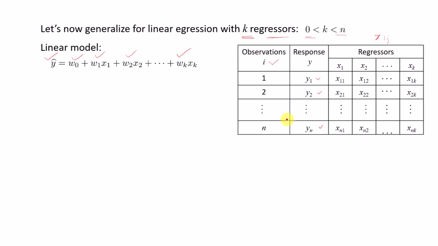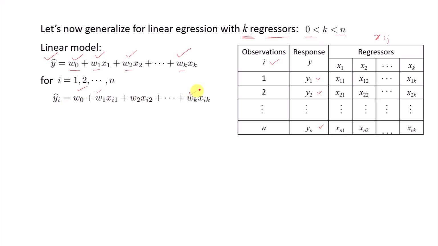So this is my total data set in this table, and we have to see how, using this data set, we can find out some expression w0, w1, w2, etc. up to wk. Now for i equals 1 to n, I can write that this yi or y hat i will be equal to w0 plus w1 xi1, w2 xi2, with this i coming from the experiment, and 1, 2, etc. identifying the particular regressor or particular independent variable.